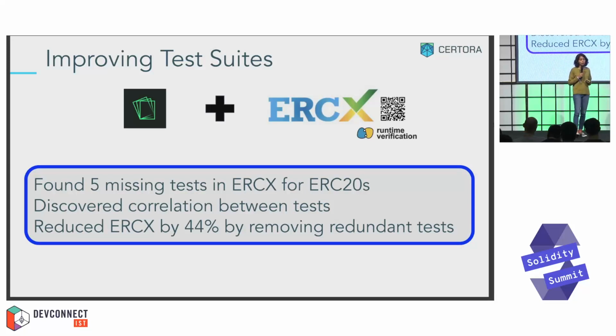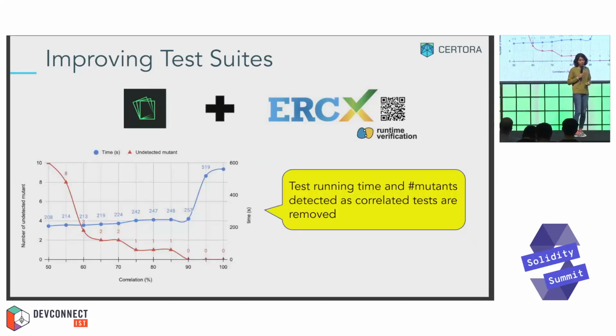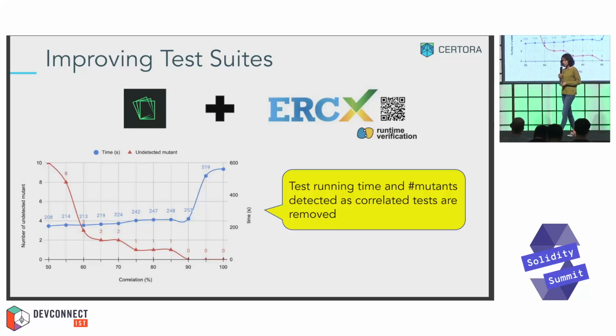We also discovered some interesting correlation between the tests. So this is kind of similar to the solo rules idea. And we were able to actually minimize the test suite significantly. So here I have a little graph that shows you how we were able to reduce the size of the test suite and how that affected the running time of the test suite. But also we made sure that it doesn't actually lose coverage.